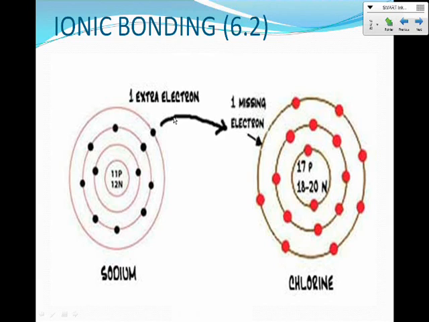If you'll notice here, sodium has 1 valence electron, and chlorine has 7 valence electrons. So if this sodium gives its electron to chlorine, it gives chlorine 8 on its outermost energy level, and then it gives sodium 8 on its outermost energy level. So this makes both of them happy. It transfers the electron and then creates a chemical bond.